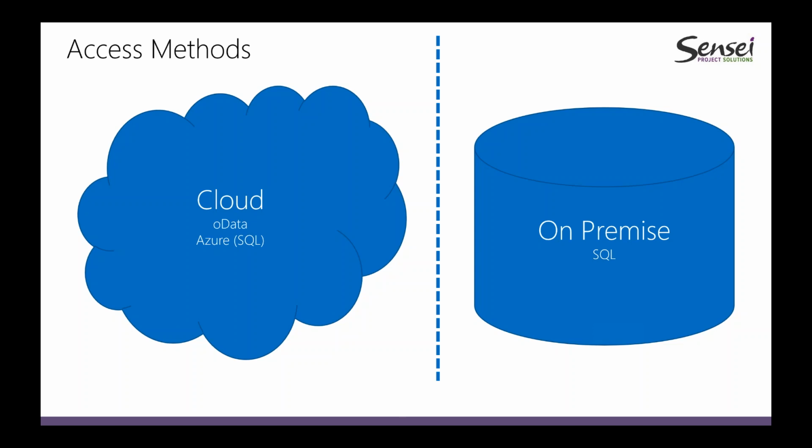So if you have Project Server on premise, you have a SQL database and you can access that. So depending upon where your data is, you may use different methods to access it.